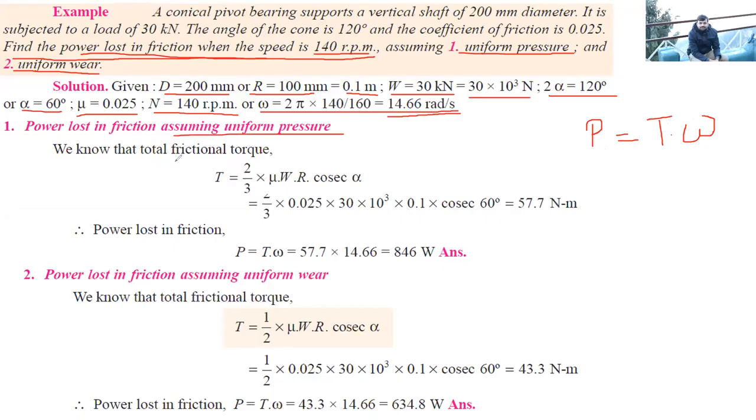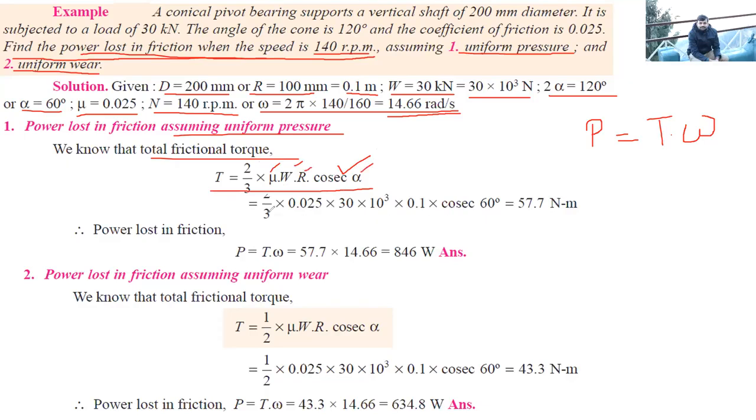So for that, we need to calculate the frictional torque. And we know for conical pivot bearing, assuming uniform pressure theory, the torque is equals to 2 by 3 mu into W into R cosec alpha. Okay. So we have all the values. We have mu, we have W, we have R, and we have value of alpha.